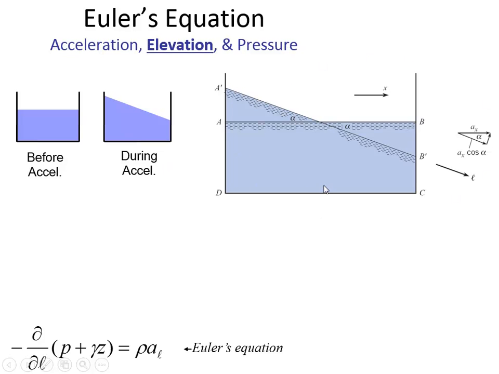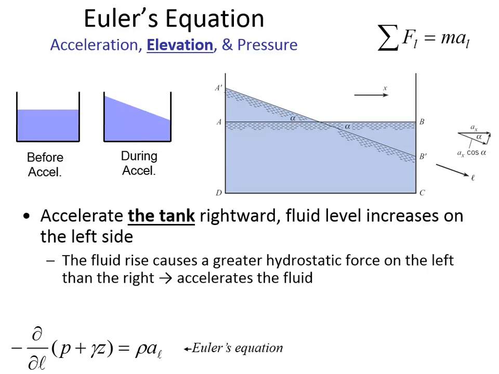So in this figure, what they're saying is there's acceleration in the x direction, sideways. And there is this new surface, A prime, B prime, that sets up during the acceleration in response to it. And the question is, how tilted is it? And we can use Euler's equation to answer that question.